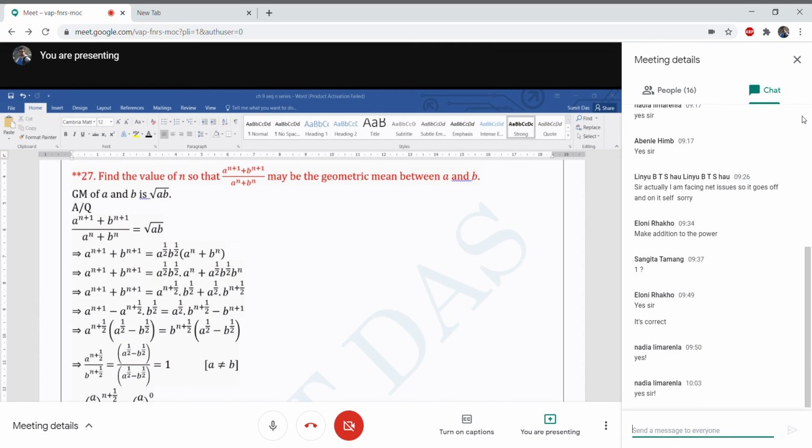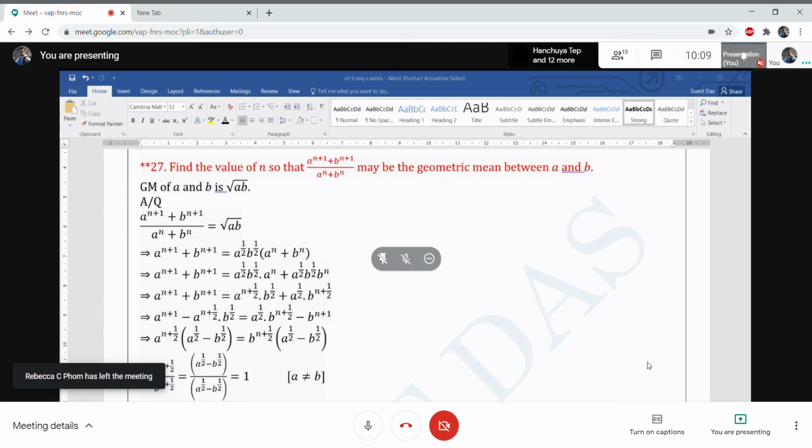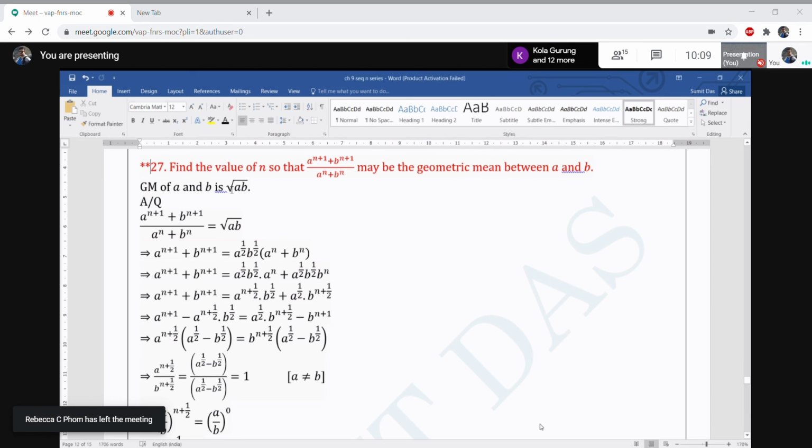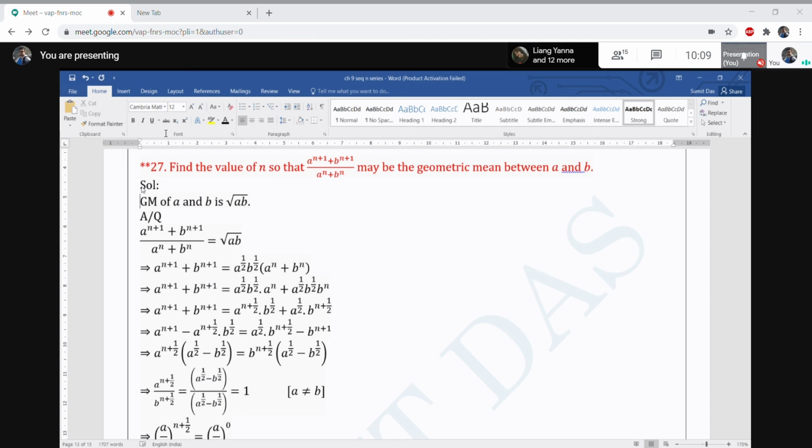So geometric mean, I hope you know geometric mean. Geometric mean of a and b is square root of AB, right? Last day we discussed geometric mean. So as per the question, this expression is equal to square root of AB.